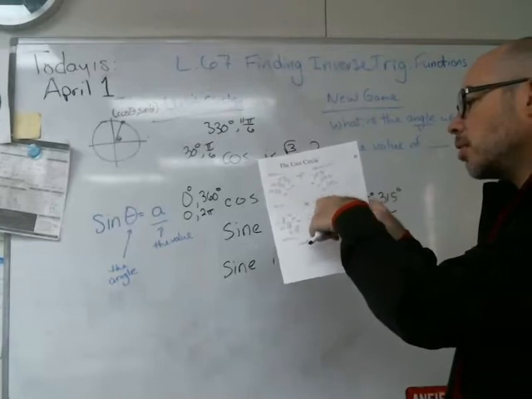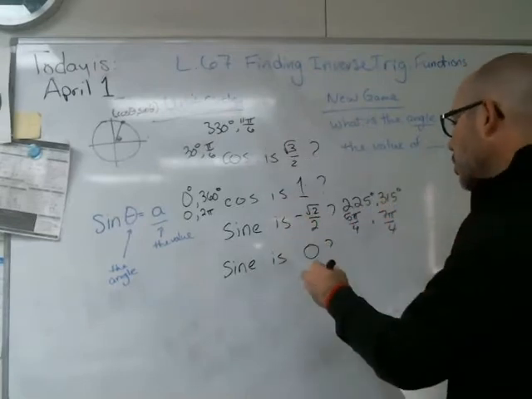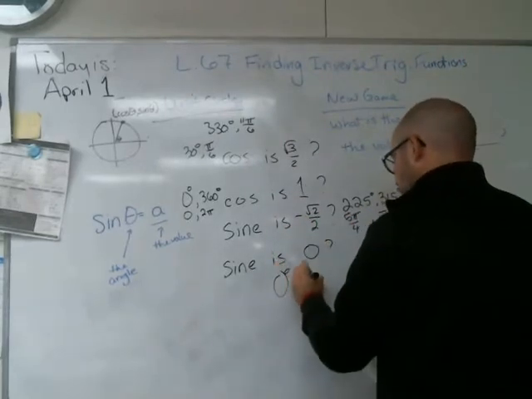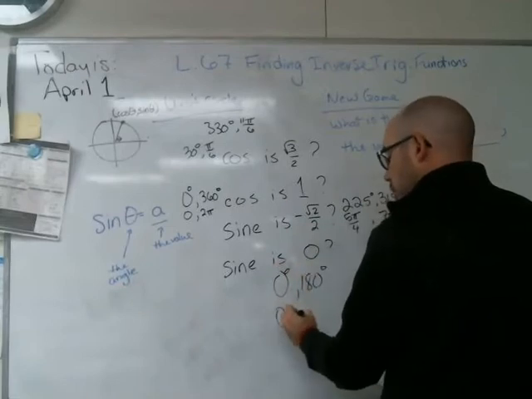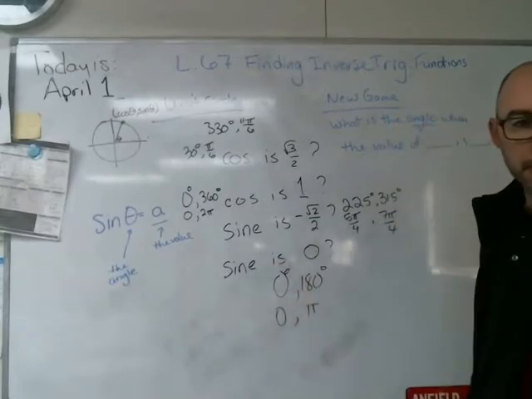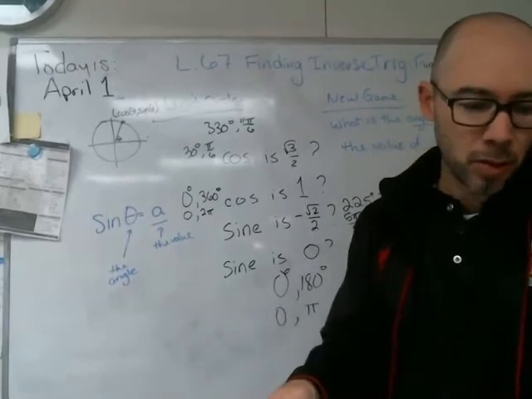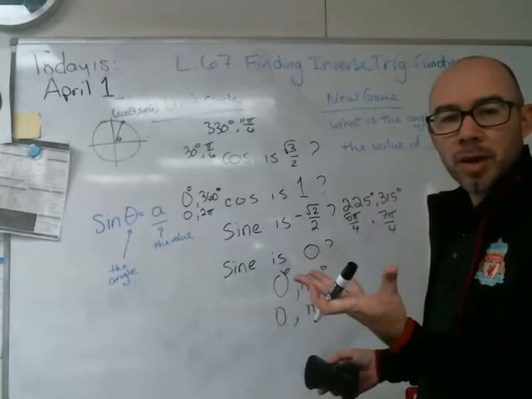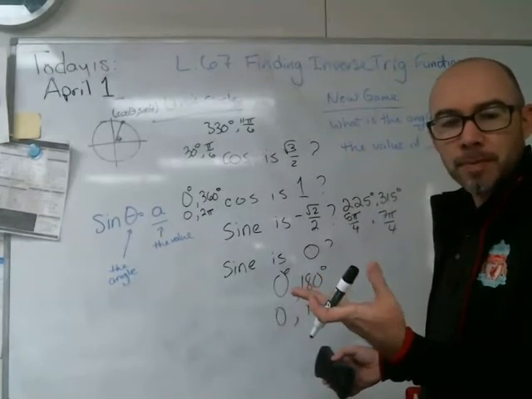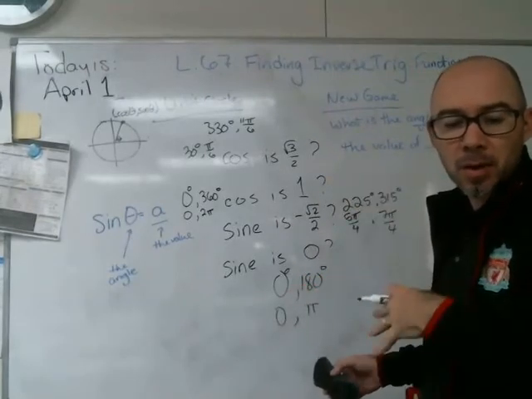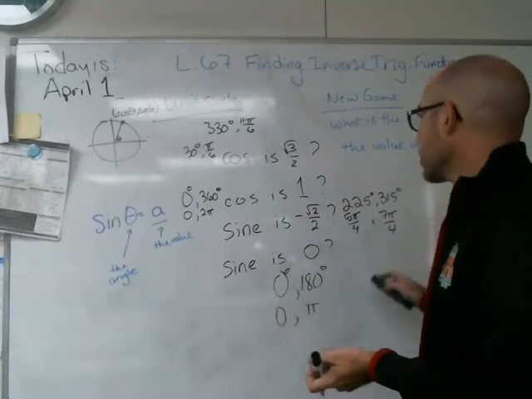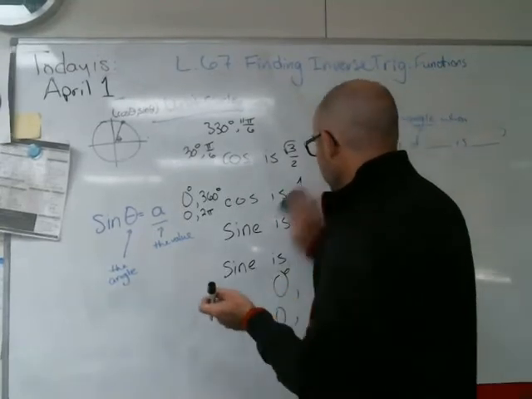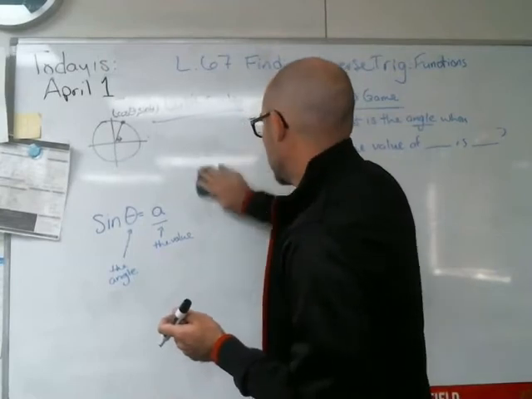So either at 0 degrees or at 180 degrees, which is equivalent to 0 radians or pi radians. What we just did, me giving you the ratio and the value, and you giving me the angle, was inverse trig functions.